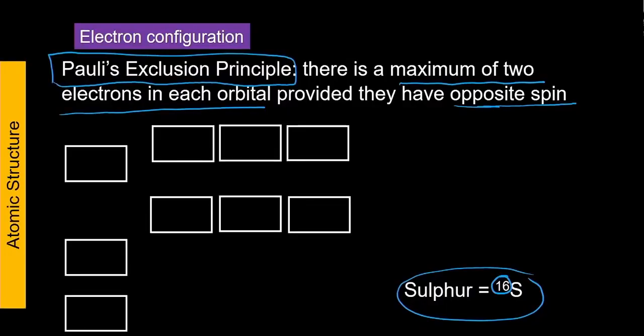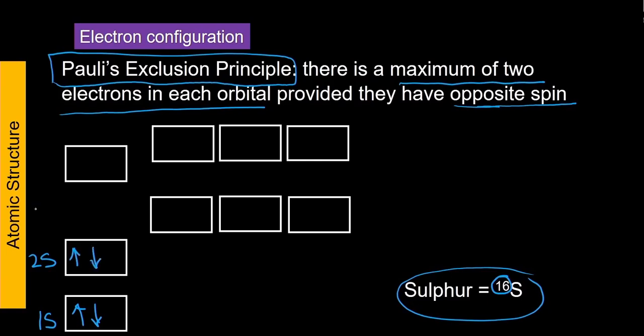We've got 16 electrons to place. So we put here 1s. According to Pauli's exclusion principle, we can have a maximum of 2 electrons. So 1, 2. We move to the second energy level with the spherical orbital, the 2s, 3, 4.